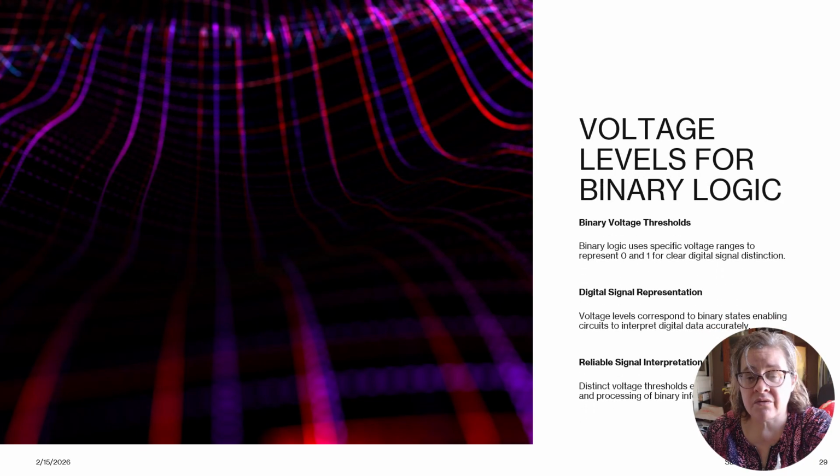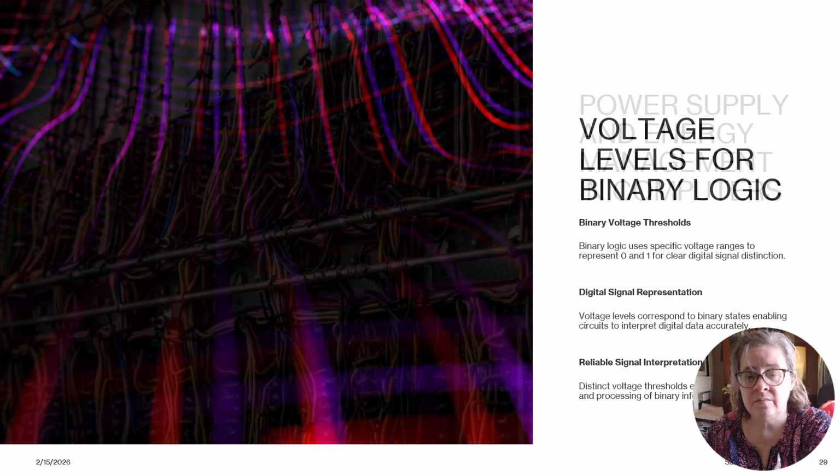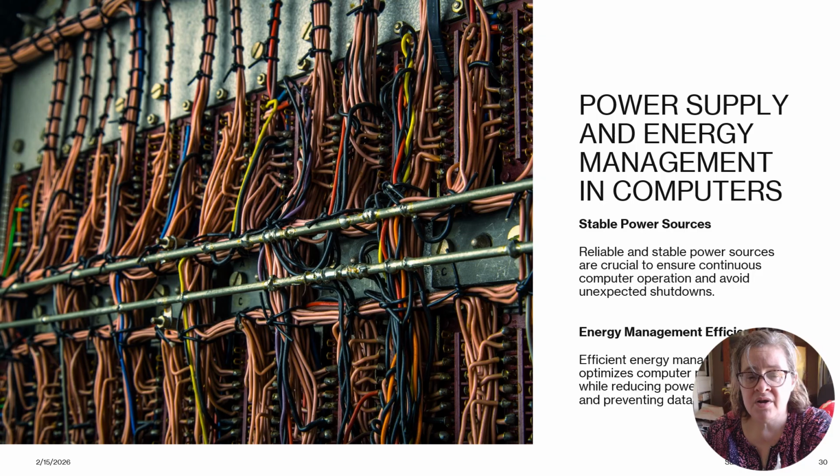Distinct voltage thresholds represent binary zeros and ones, ensuring reliable interpretation of digital signals within circuits. Computers rely on stable power sources and efficient energy management to maintain performance and prevent data loss.